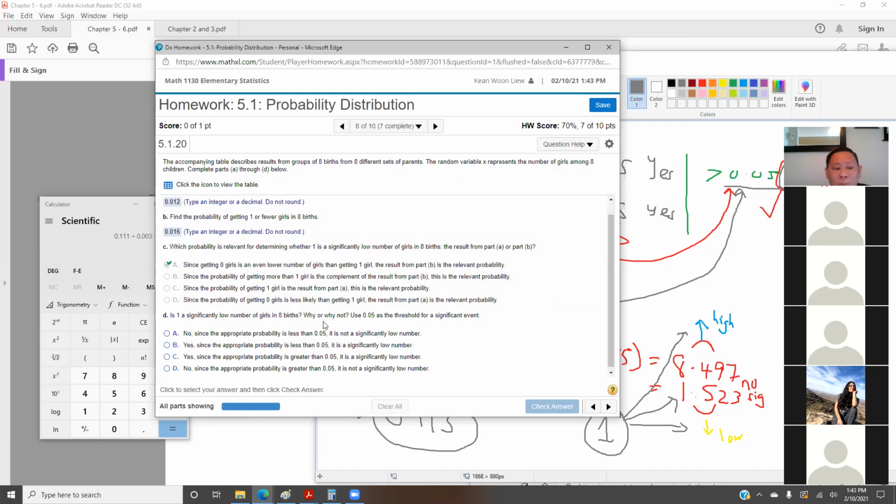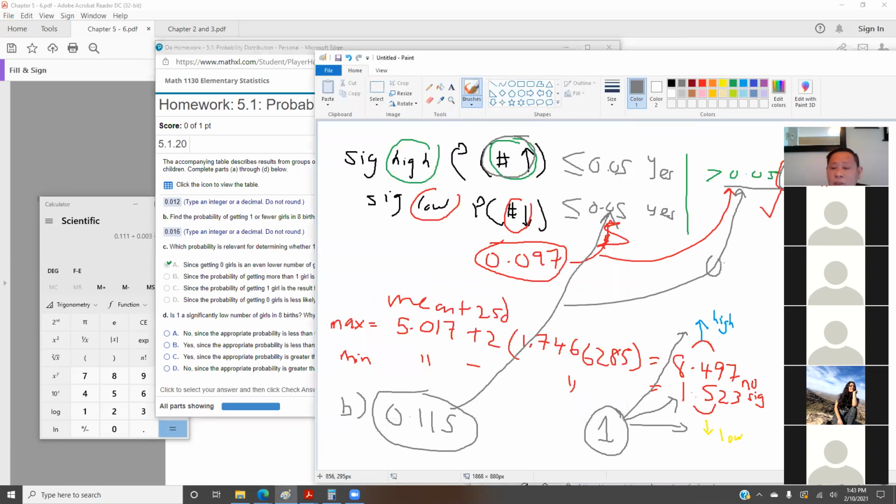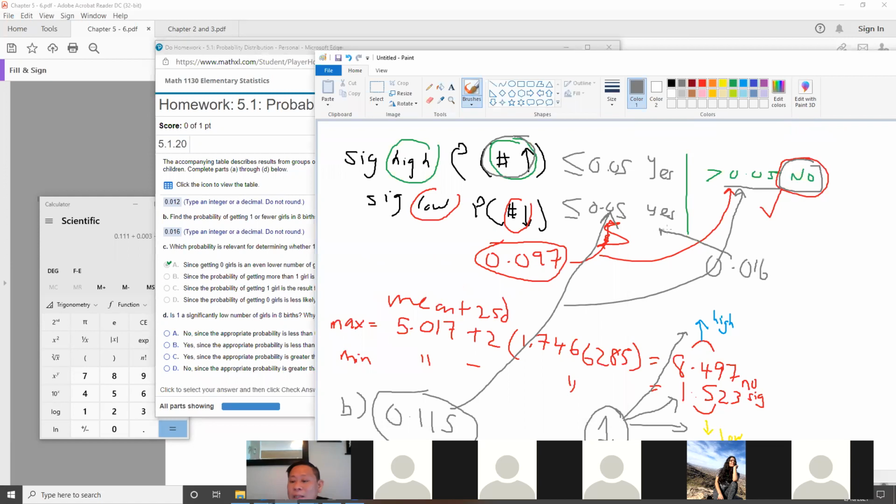So now this is a number. You say B, the chance of that is 0.016, right? Is 0.016 less than 5% or more than 5%? Less. So that means this is the one we're looking for, right? So is this significantly low, yes or no?